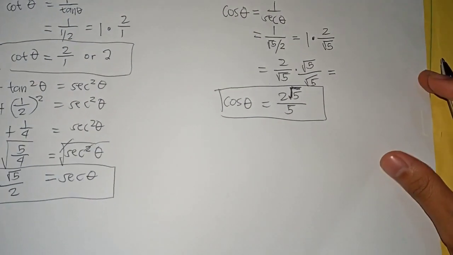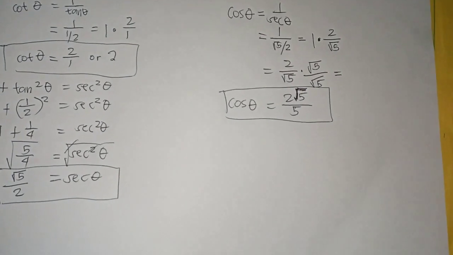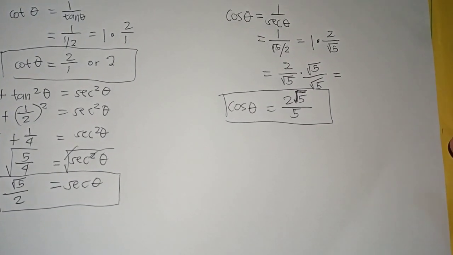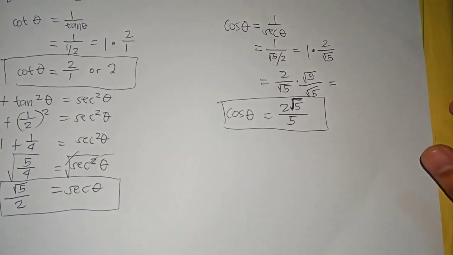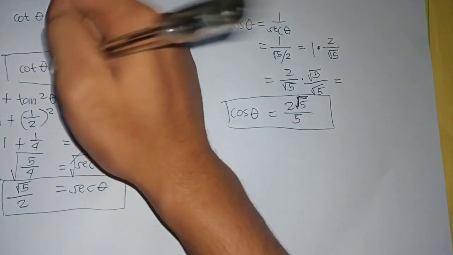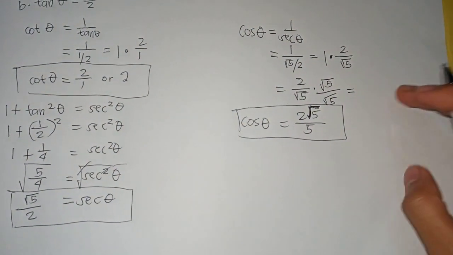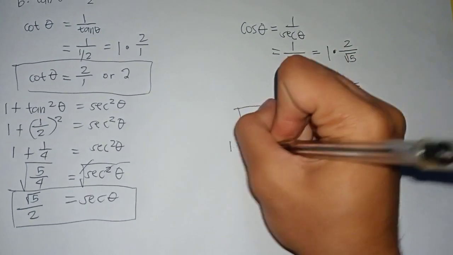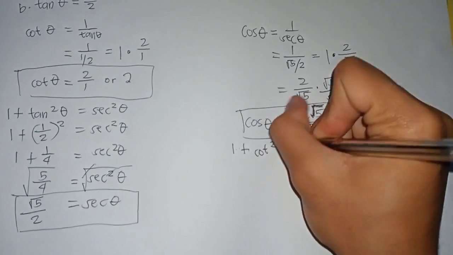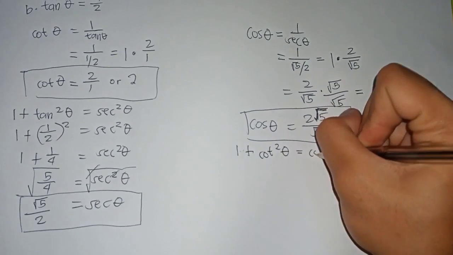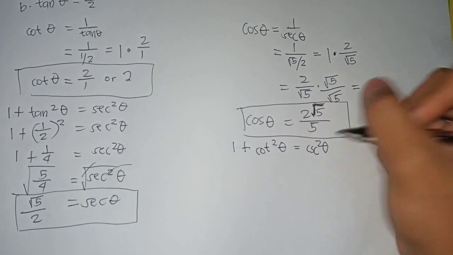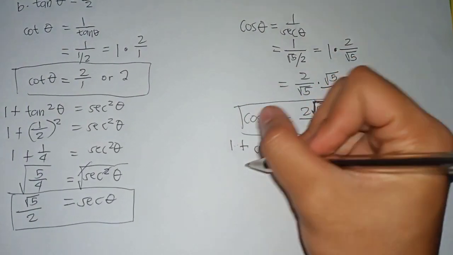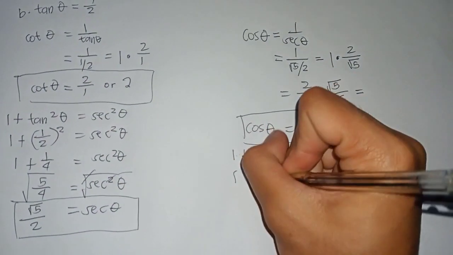Next, we're going to find the cosecant. Since the cotangent is given, we're going to use Pythagorean identities. 1 plus cotangent squared theta is equal to cosecant squared theta. Next, substitute the value of cotangent.